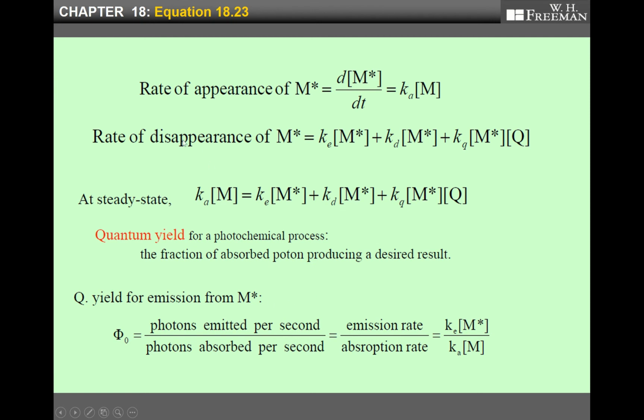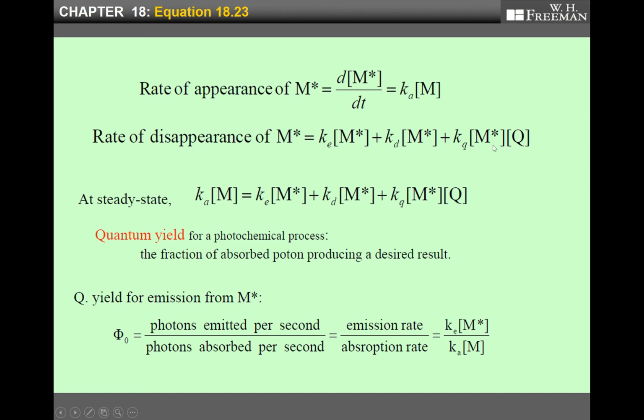The rate of appearance of the excited state molecule is proportional to the original concentration of the molecule. This is absorption. Only absorption makes the appearance of M star. The other three processes make these excited molecules disappear. So the rate of disappearance is given by the sum of these three processes.